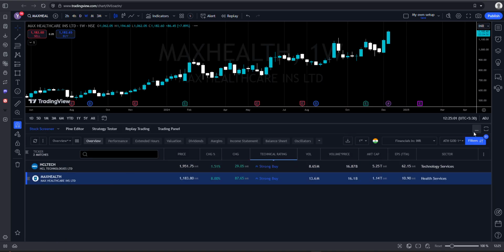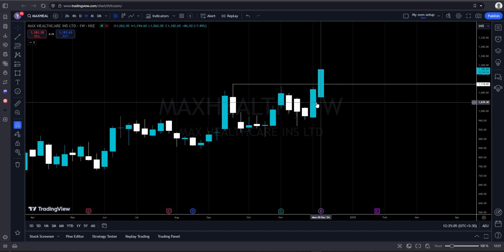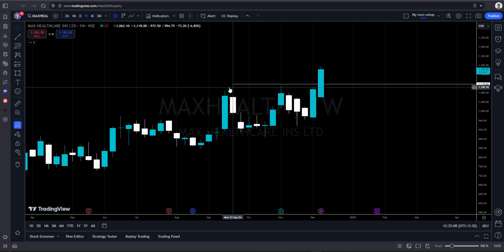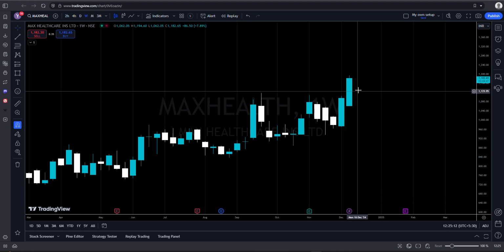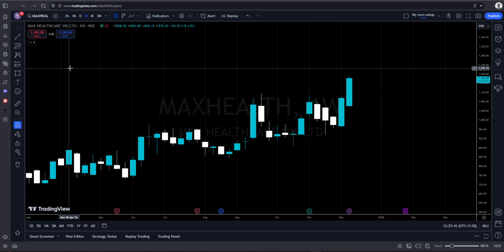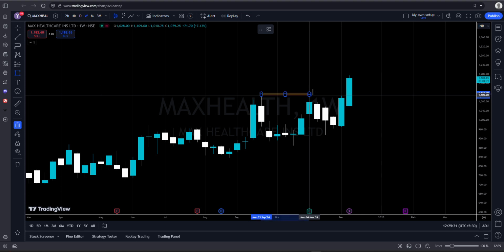Second is Max Health. In Max Health, you can clearly see this candle has a recent high, first high, second high. Can you see? There are two highs formed on the left side. On the adjacent side, you can clearly see there are two highs. Correct? So draw a box or a line between that high and this high.